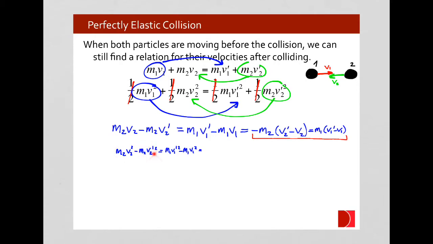We'll factor out a negative m2 and we'll factor out an m1 out of that term. This will be our starting point. This is our conservation of kinetic energy. We see we have a difference of 2 squares, and we are going to go ahead and factor those.